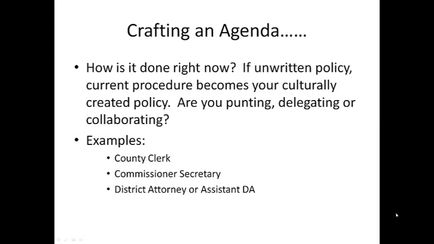Statutes do not tell you who is in charge of making the agenda. They do not tell you how to run your meeting and whether or not you should adopt a particular form of parliamentary procedure.